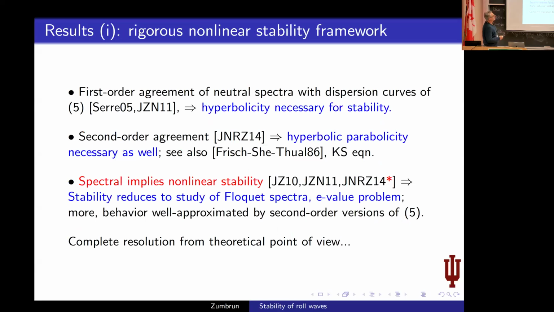Okay, so first results. This comes from some earlier work of Denis Serre: you have first order agreement of the neutral spectra. Why is there neutral spectra? It turns out there are a lot of 0 eigenvalues of this linearized operator. There's one at least to do with translation invariance when Xi equals 0.